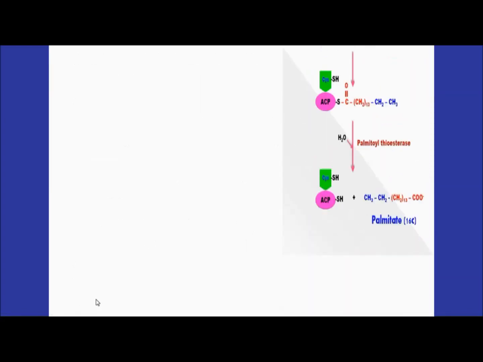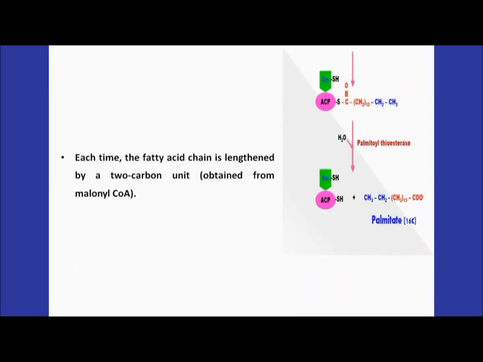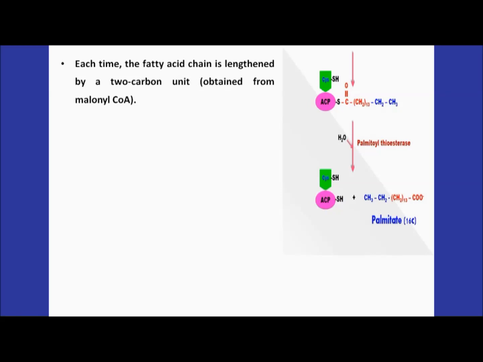Thus, finally you are going to get the palmitoyl or palmitate, right? Each time the fatty acid chain is lengthened by addition of a 2 carbon unit obtained from the malonyl coenzyme A, which we have discussed in the previous slides.